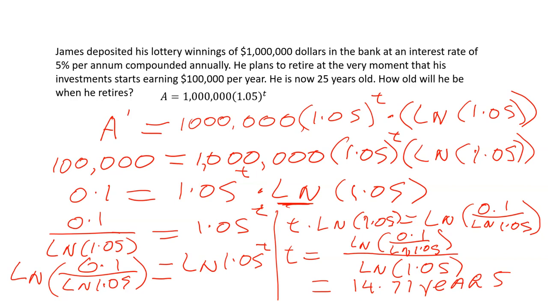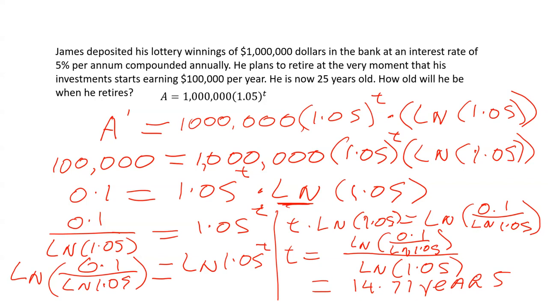If you reduce the interest rate, well, hopefully it's obvious, that's going to take him longer, right? If you increase the interest rate, which is unrealistic right now, let me just be totally honest with you, interest rates are not that high right now, but if you increase them, then it's going to be even faster, right? You can try this on your own time.